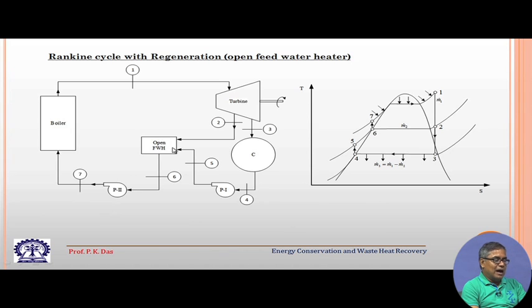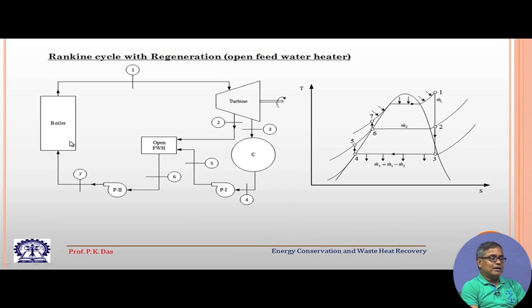Our cycle will be designed in such a way that ultimately we will get condensed liquid in the saturated condition, and that liquid will be taken to another pump. This is pump 2. This pump will ultimately raise the pressure to the boiler pressure, so it will be able to supply the heated feed water to the boiler.